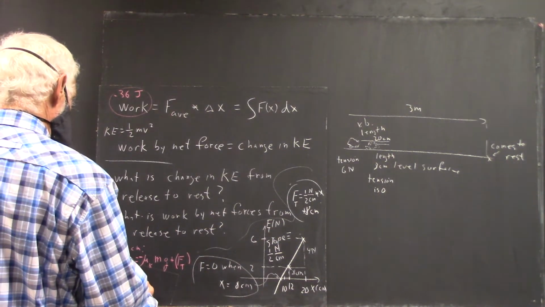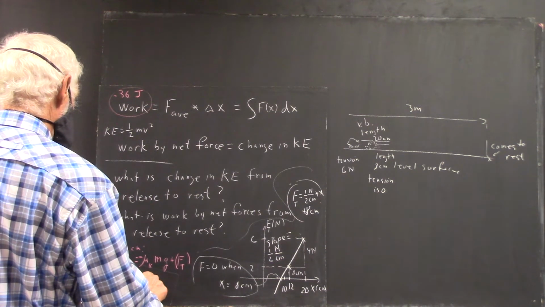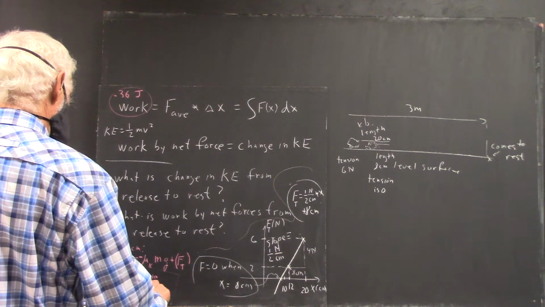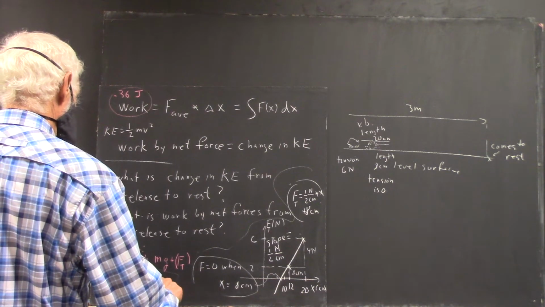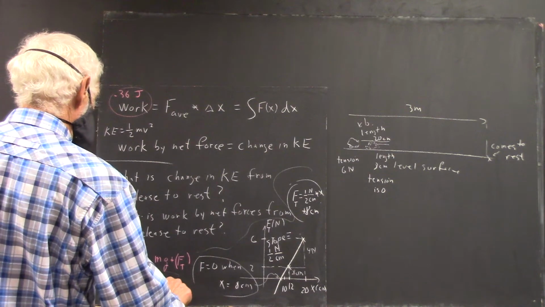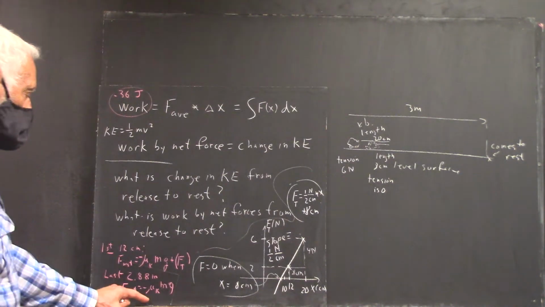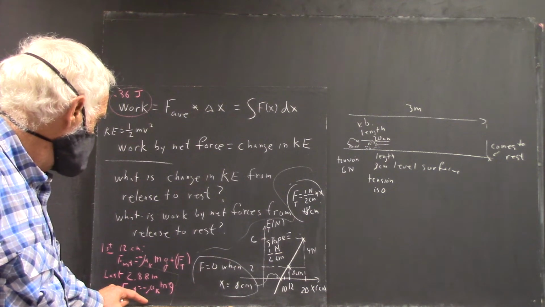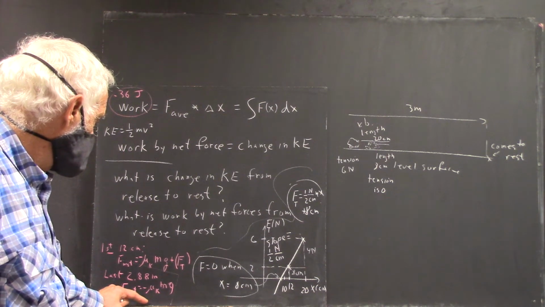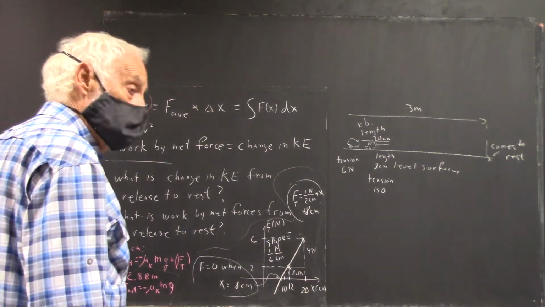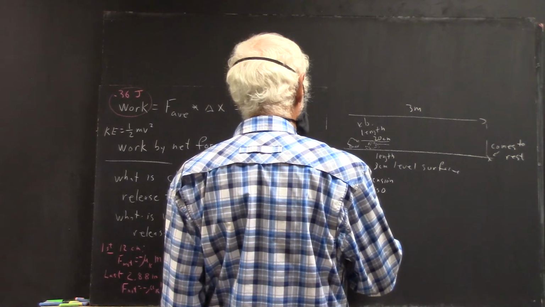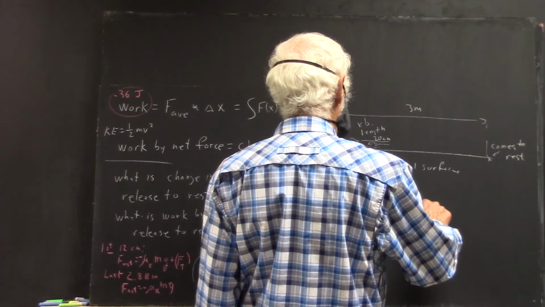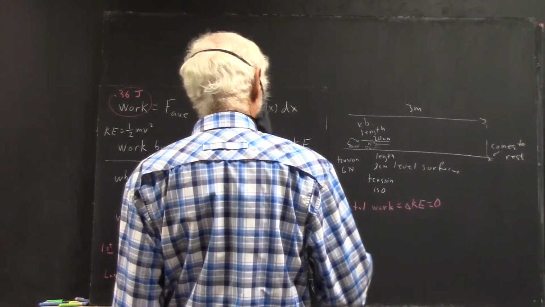The last 2.88 meters, F net is negative mu k mg. What's the total work? It's 0.